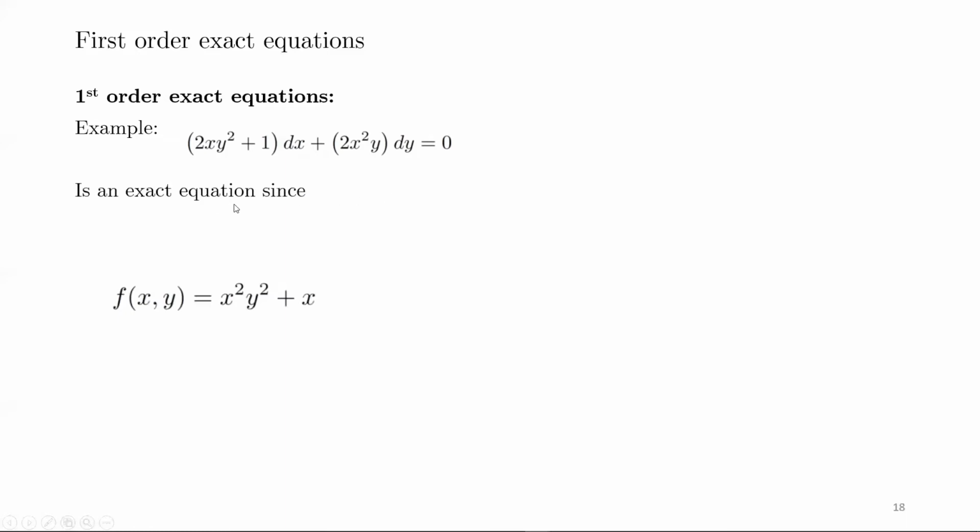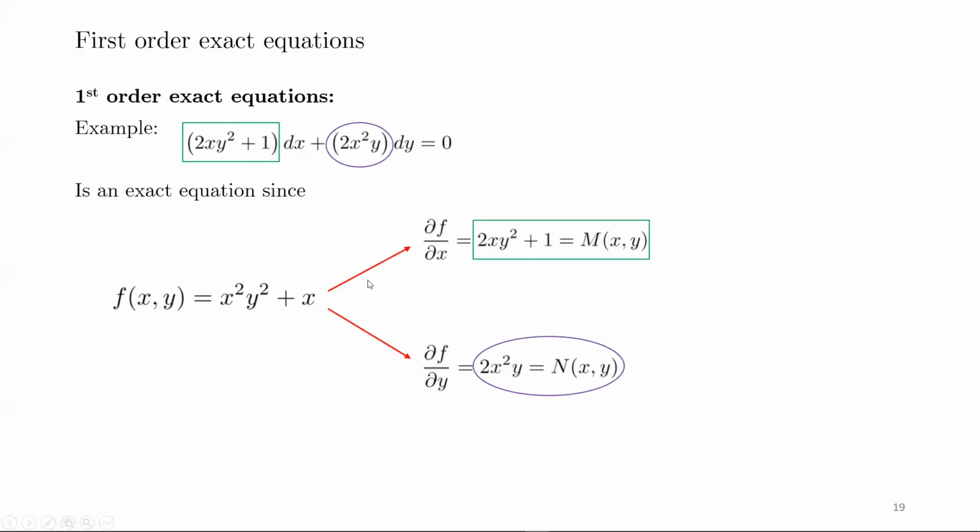So this equation is exact because I can find a function. I haven't told you how I found this function, but I can find a function f, which is x squared y squared plus x, such that if I take my partial derivatives, df by dx is equal to 2x y squared plus 1, which is exactly equal to the term M multiplying the dx. Or if I take the other derivative, df by dy is just 2 x squared y.